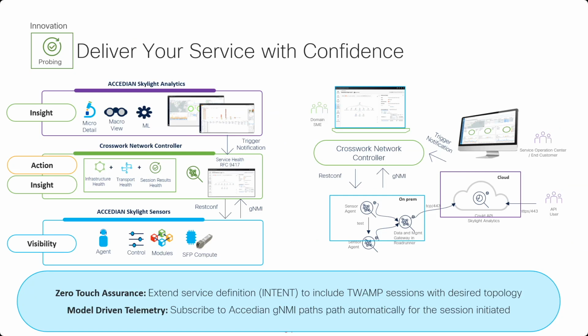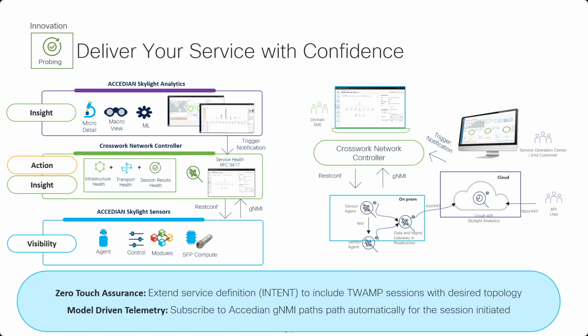In the case of Accedian, we are saying the type, how many sessions I want, and the topology that I want: full mesh, hub and spoke, or point-to-point. So the system will request to the Accedian orchestrator, the gateway Roadrunner, I want a session from here to there.